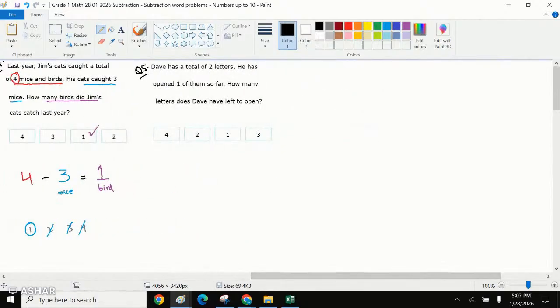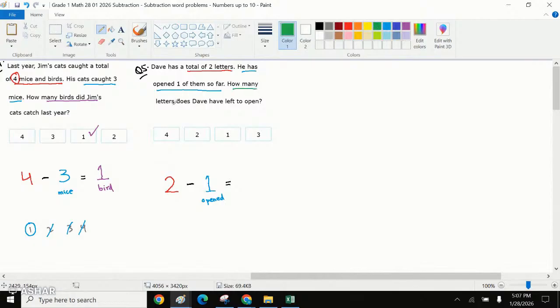Dave has a total of 2 letters, minus he has opened one of them. That means he already opened or already read one, right?